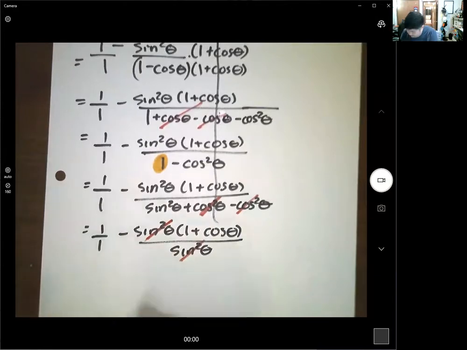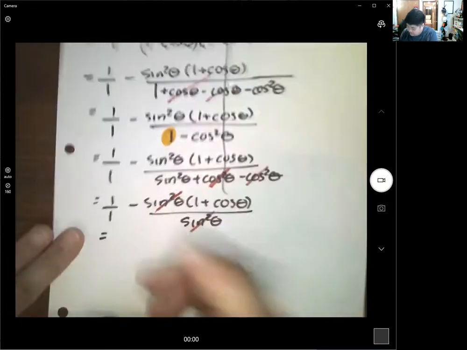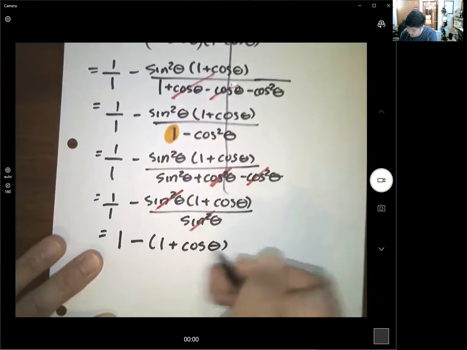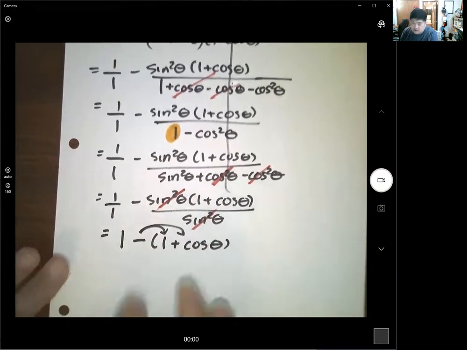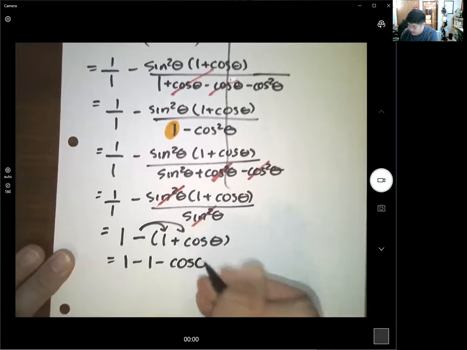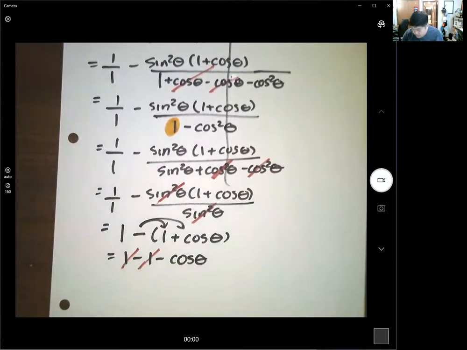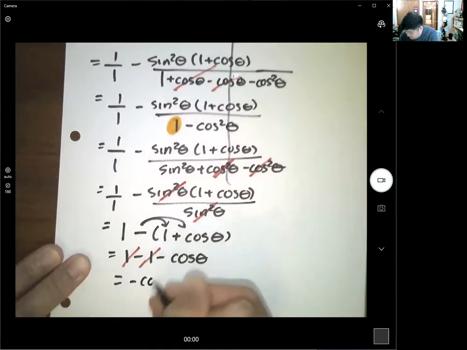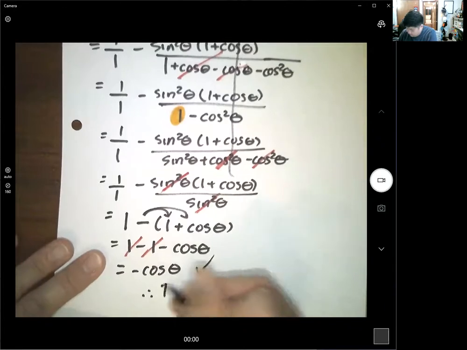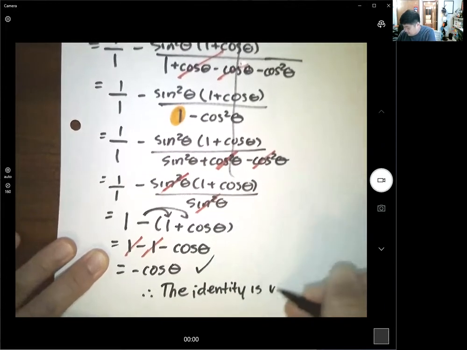So 1 minus 1 plus cosine of theta. Distribute this, so we have 1 minus 1 minus cosine of theta, and 1 minus 1 zeros out. I'm left with the opposite of cosine of theta, and that's what I wanted to show. Therefore, the identity is verified.